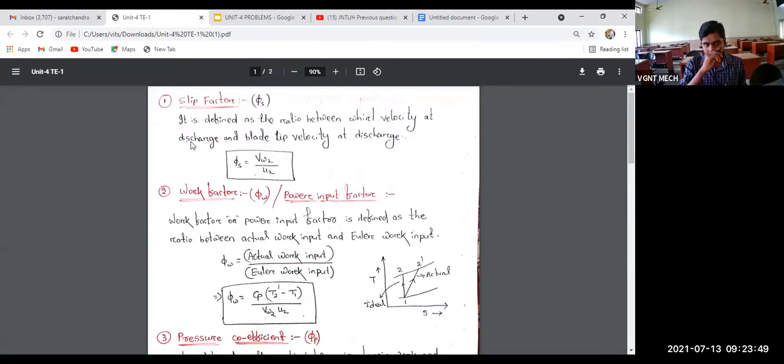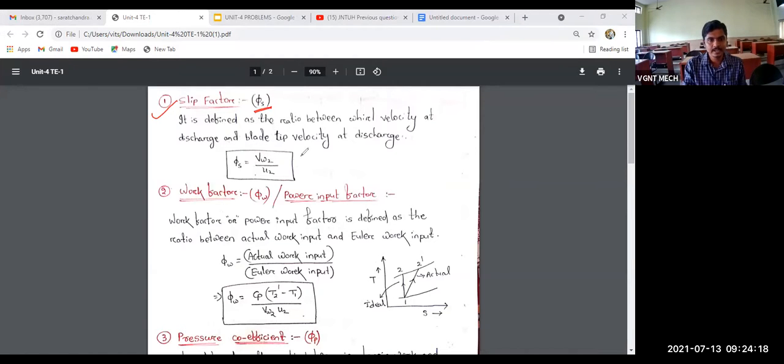So yesterday I gave you these 3-4 definitions. The first one is regarding slip factor. It is represented as sigma S, where S stands for slip factor. What do you mean by slip factor? It is the ratio between wheel velocity at discharge or outlet and blade velocity at discharge.